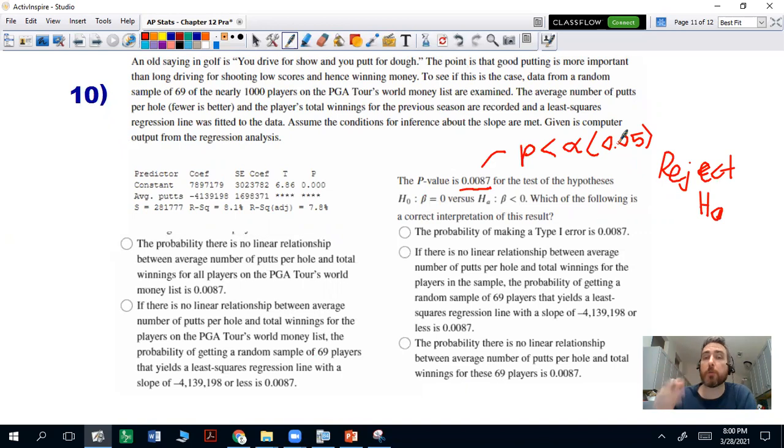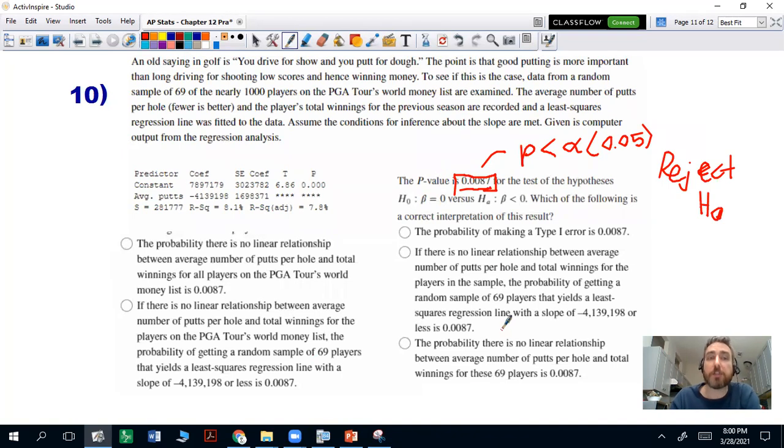But we're interpreting the p-value here. The p-value in this case is, assuming the null, the probability of this sample to occur, or more extreme, would be whatever that probability is.